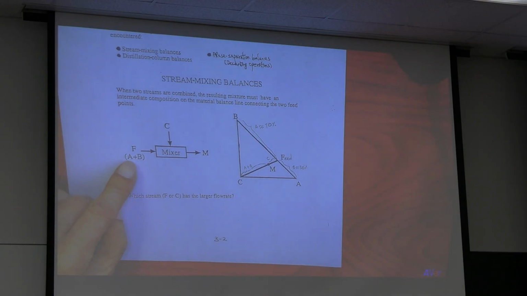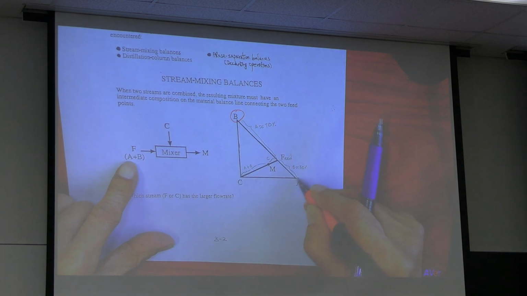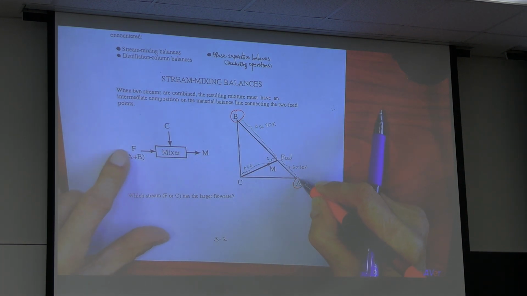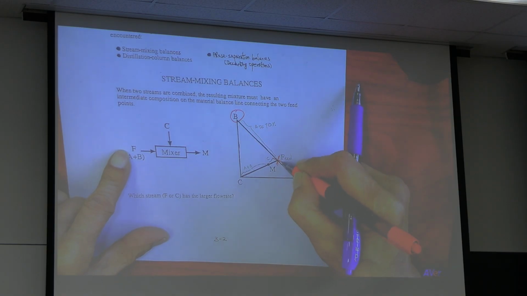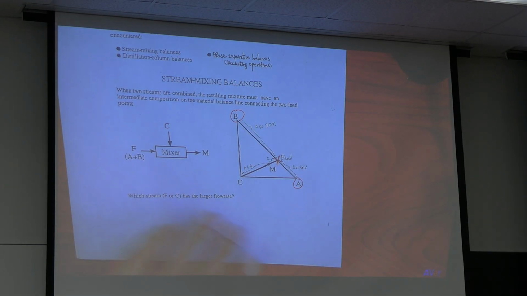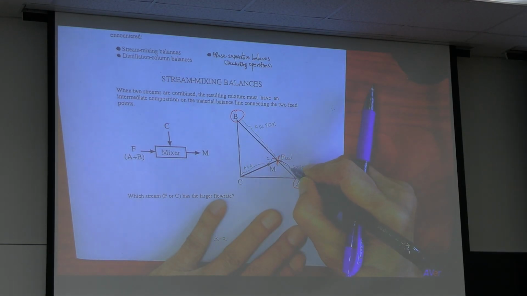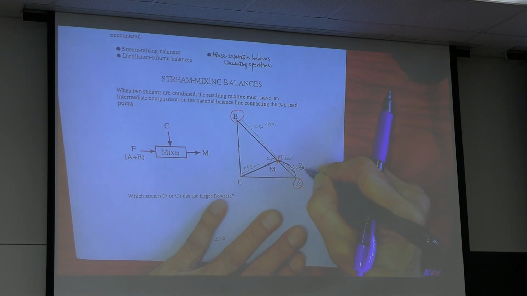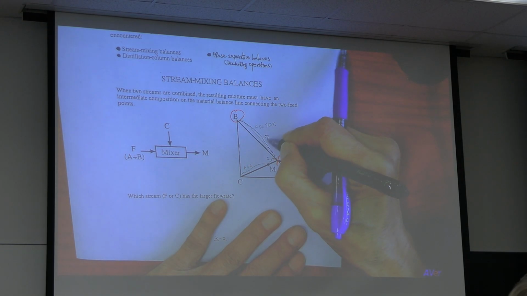If you have two components, A plus B, the mixing point is a feed in the middle. Now remember, B is represented by this length, about 30%. A, 70%.